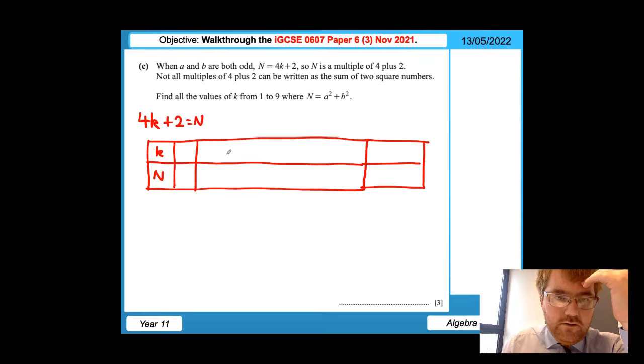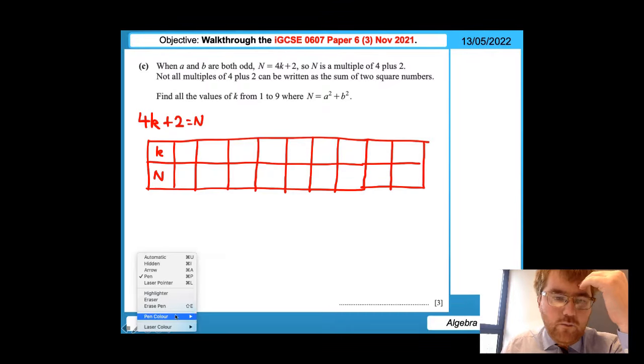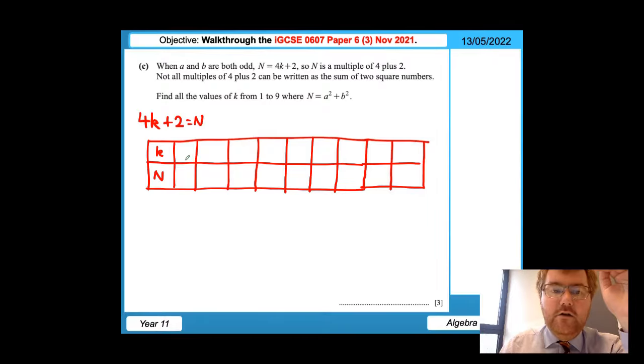So 1, 2, 3, 4, 5, 6, 7, 8, and 9. So first of all, we want to work out what numbers we're actually looking at here.